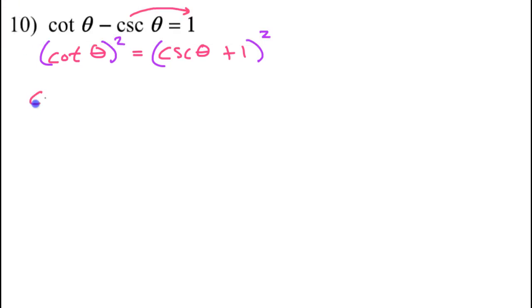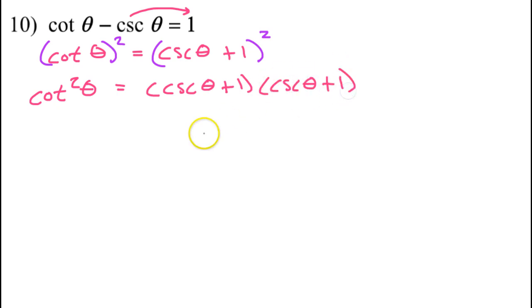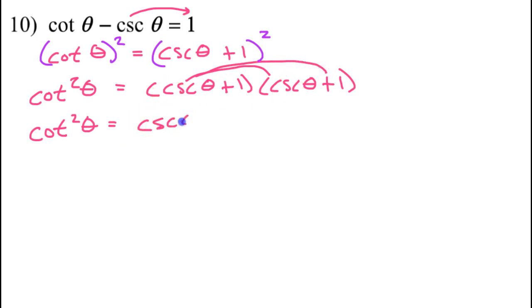All right, so that's going to give me cotangent squared theta is equal to, when you square a binomial, you are really just multiplying it times itself. Okay, so nothing to do over here on the left side, but over here I am going to double distribute. So cosecant times cosecant is cosecant squared.